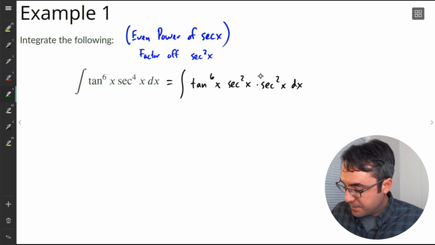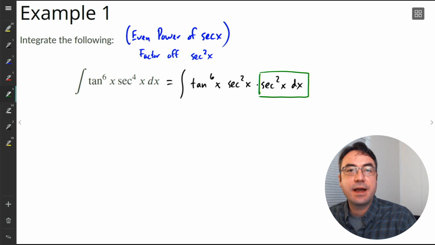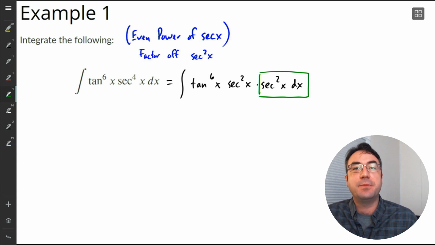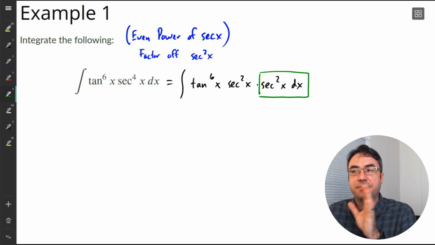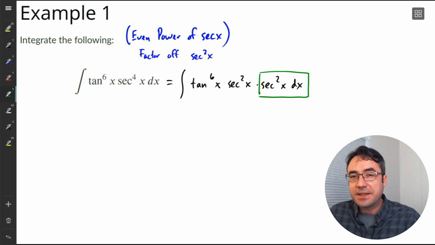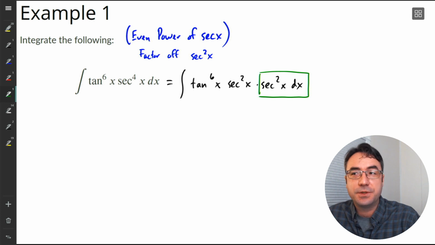That secant squared now, that's kind of reserved. We're going to use that for our substitution rule. That's going to become part of our differential. So we'll tuck that away next to our dx there, kind of put that out of mind for just a second. That's going to become our differential once we do the substitution.